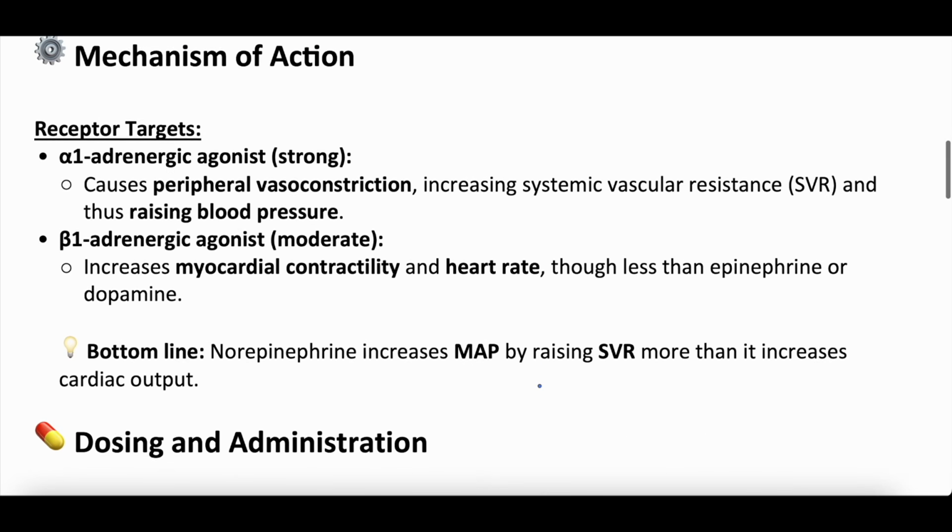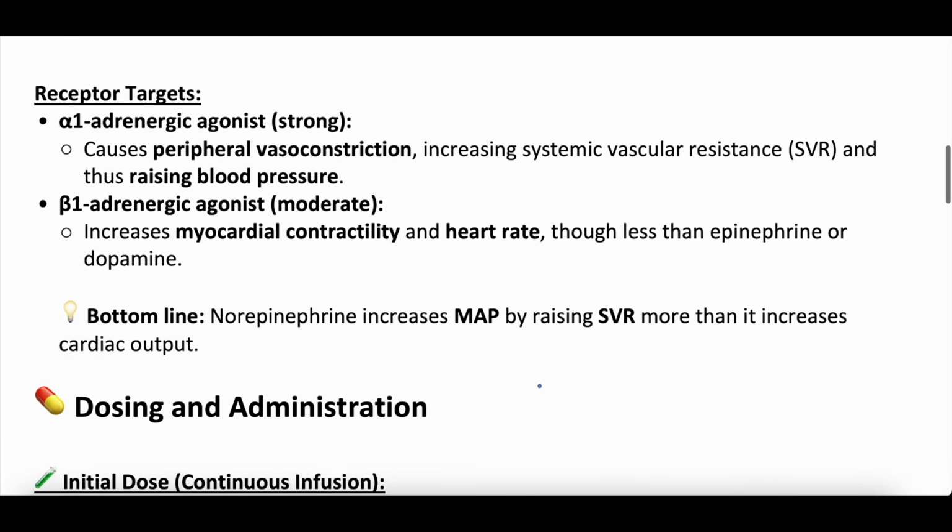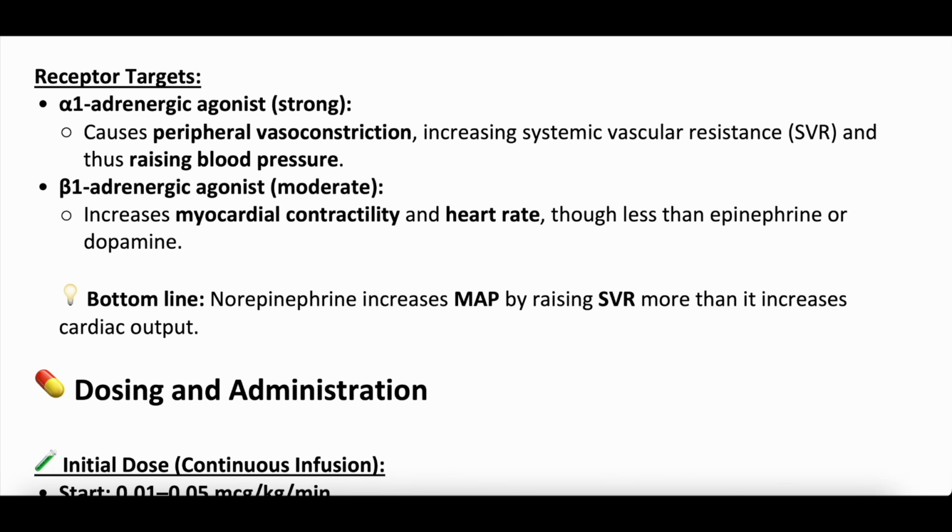How does it work? Well, the two main receptors are, one, the alpha-1 adrenergic receptor. If we look at a blood vessel, blood vessels have smooth muscle cells all over them that can help vasoconstrict.